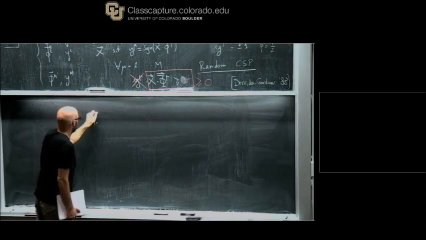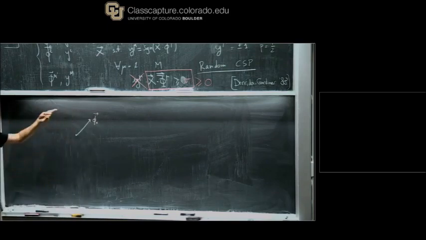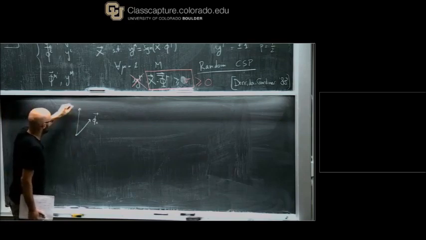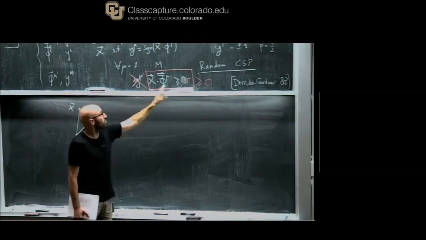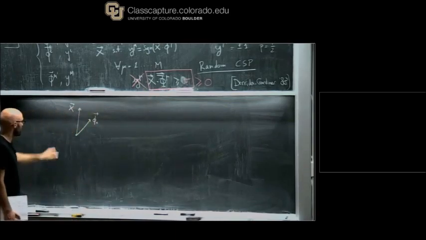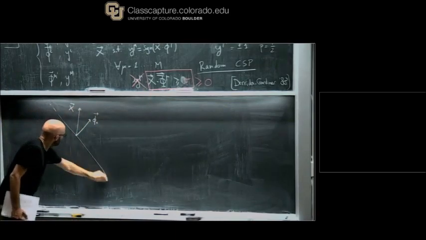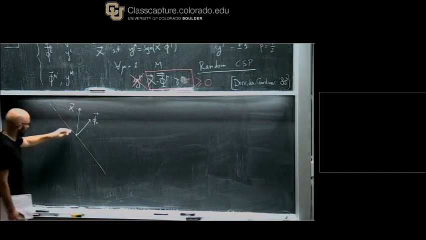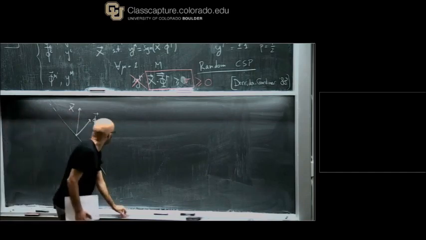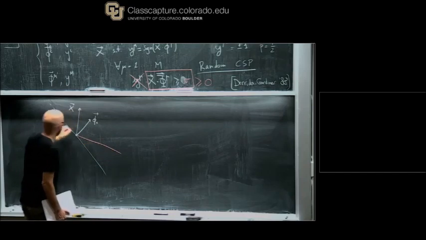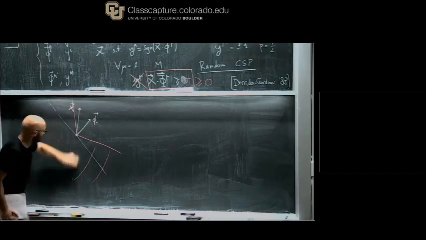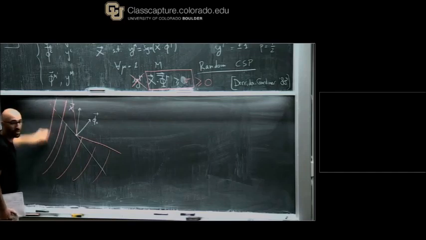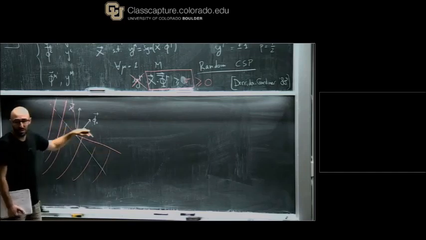And then you have your vector x. And what you are trying to satisfy is that the scalar product of these two vectors should be positive. So the vector x should belong to some cone around the vector phi. So this region is forbidden by the constraint, and this region is allowed by the constraints.